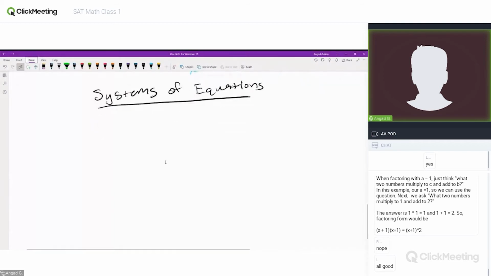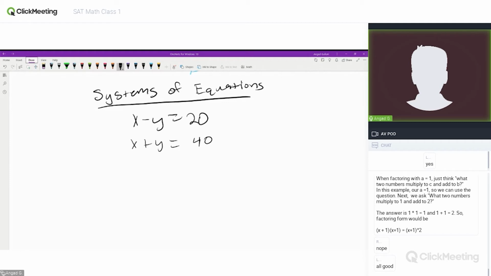So let's say we have x minus y is equal to 20 and x plus y is equal to 30. Or let me make this even. Let's say this is equal to 40, okay?